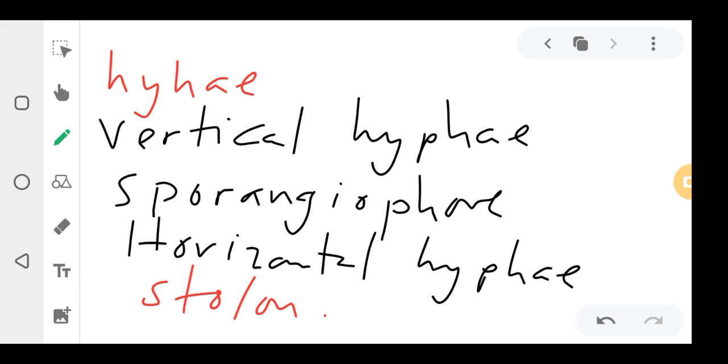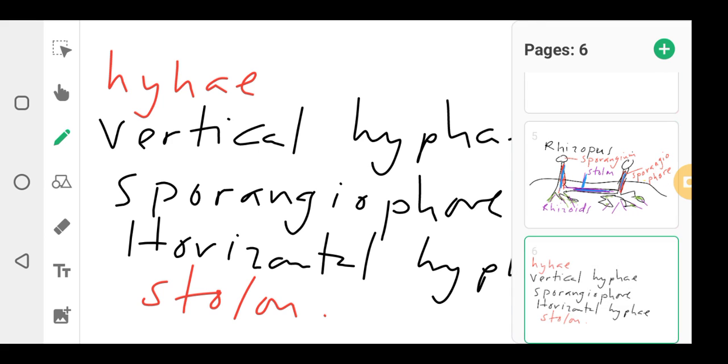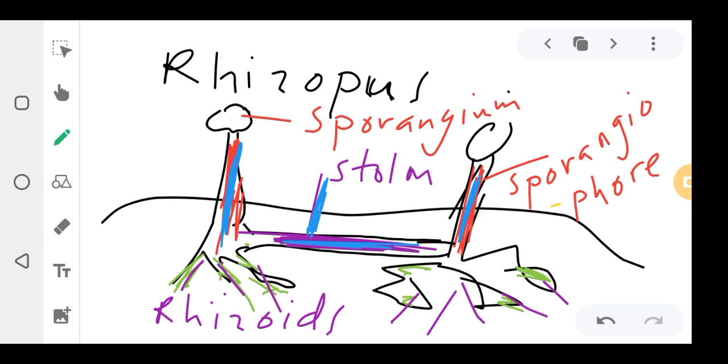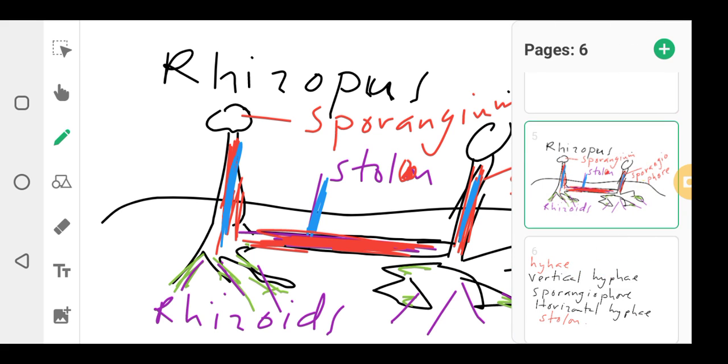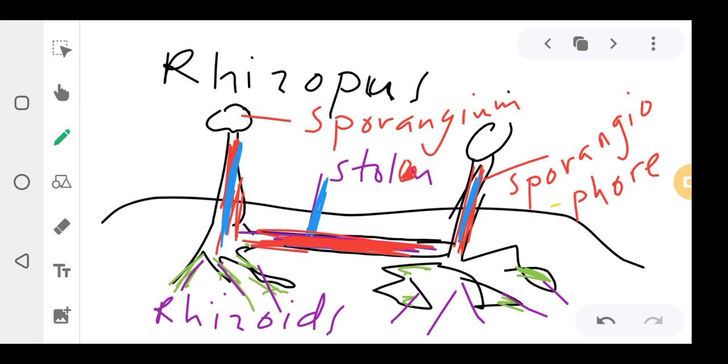A horizontal hyphae is called a stolon. You can see from the diagram, these ones that look horizontal, the horizontal stems, is what is called stolon.